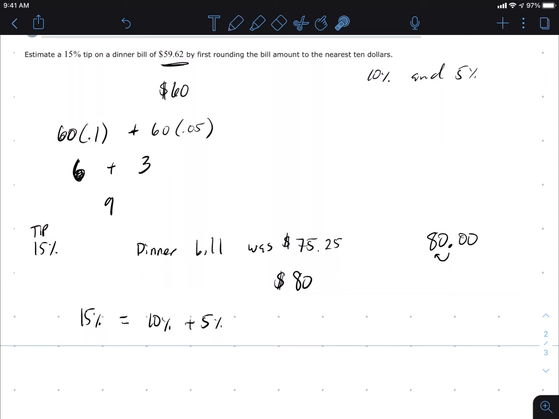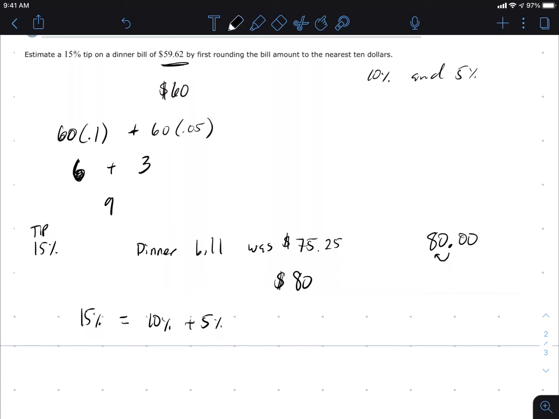So look, anytime you multiply by 10%, by a decimal point one, you're gonna move the decimal one to the left. So look, if the decimal is here and I move it one to the left, what's that dollar amount? It's $8. Yeah. Does that make sense? By just moving the decimal one, and that's every time you multiply by 10%.